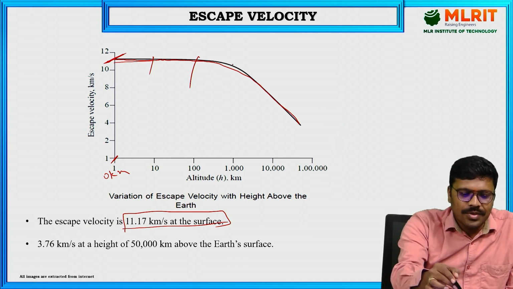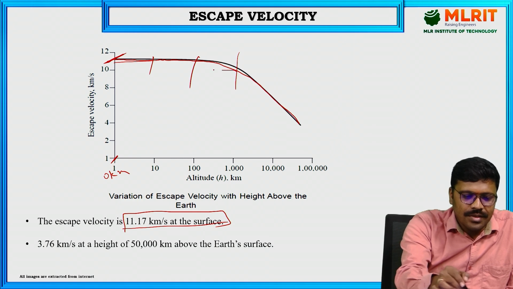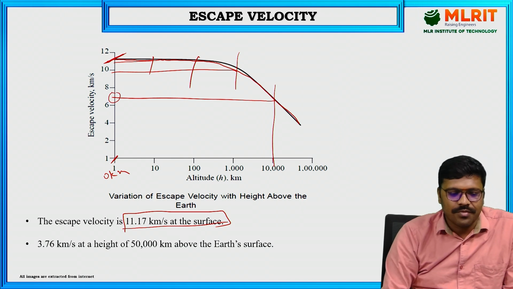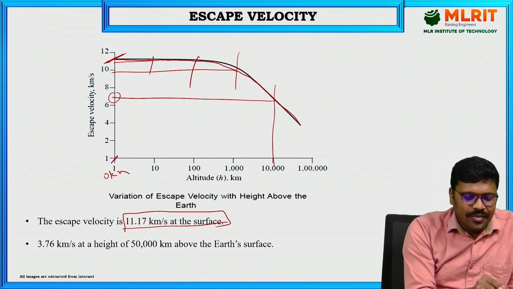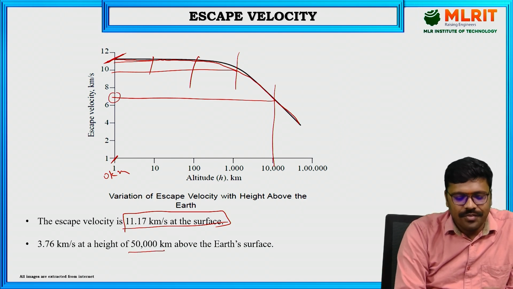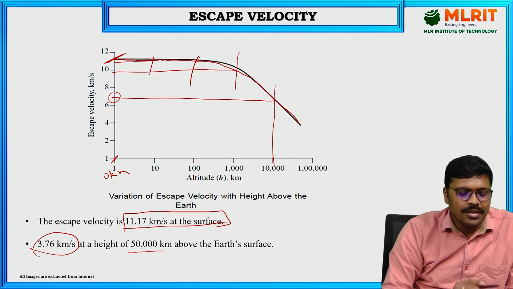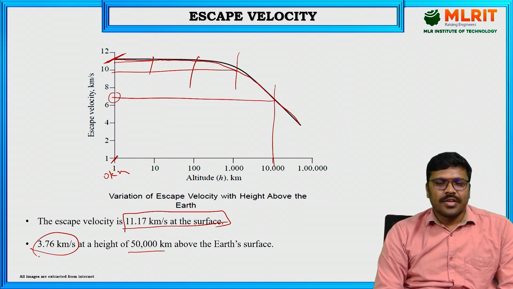As the altitude increases, the escape velocity decreases. Here at 10,000 kilometers, you can observe this is the escape velocity required for the object. In the same way, if I consider the height of 50,000 kilometers, then the escape velocity required is around 3.76 kilometers per second.